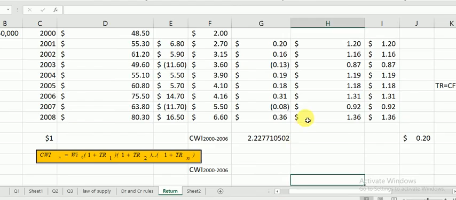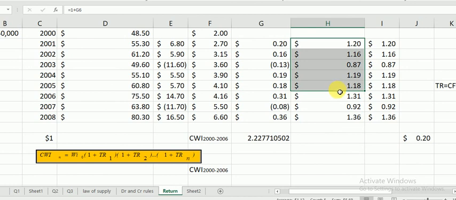Let us suppose we calculate for 2006. Up to 2006 this is our CWI n divided by CWI n minus 1. n minus 1 means till 5 years.